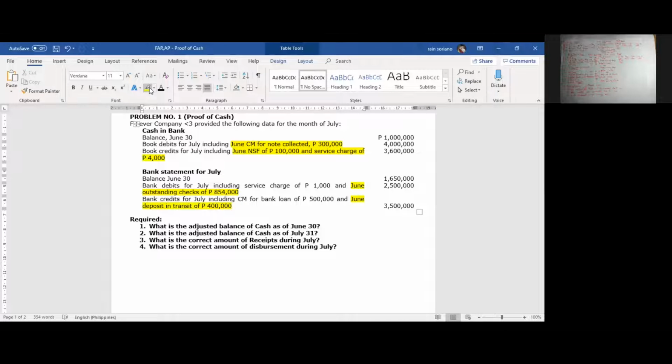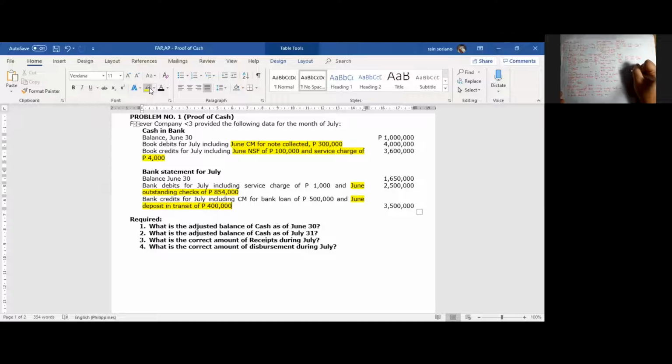Now, punta tayo sa July. Nawawala yung DIT at OC ng July. Tama ba? So, compute muna natin yon. So, paano nga ulit? We have DIT beginning. DIT as of June, which is our beginning DIT, is equal to 400,000 plus deposits made by the depositor, which is equal to the book debits. Magkano book debits natin?